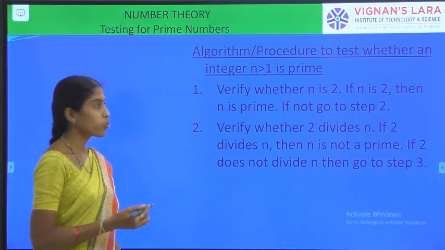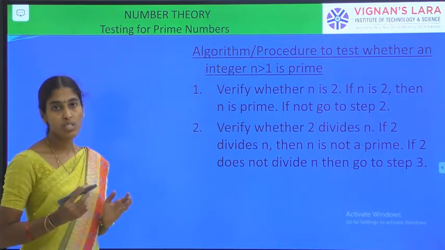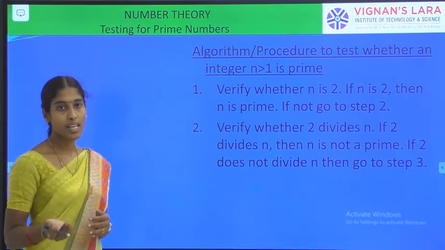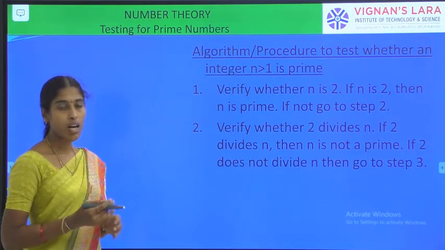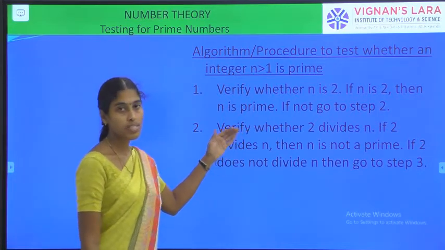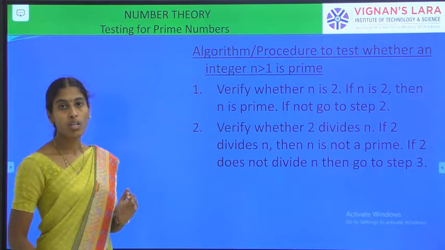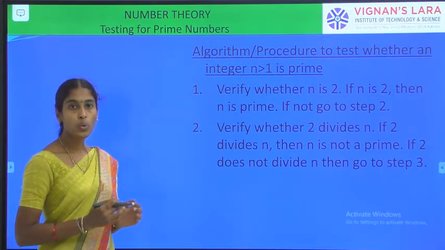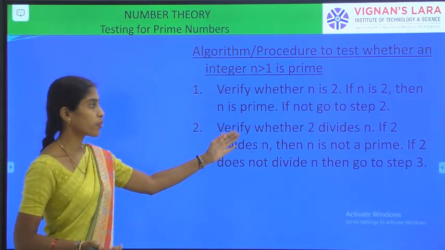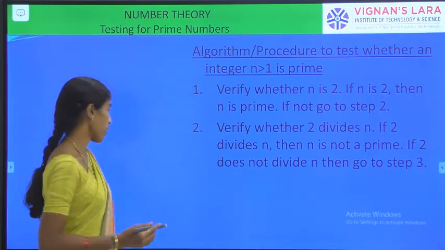So first we have to verify whether the given number is 2. If it is 2, then it is directly a prime number. If it is not 2, then go to the next step. In step 2, we have to check whether 2 divides n or not. If 2 divides n, then it is not a prime number.